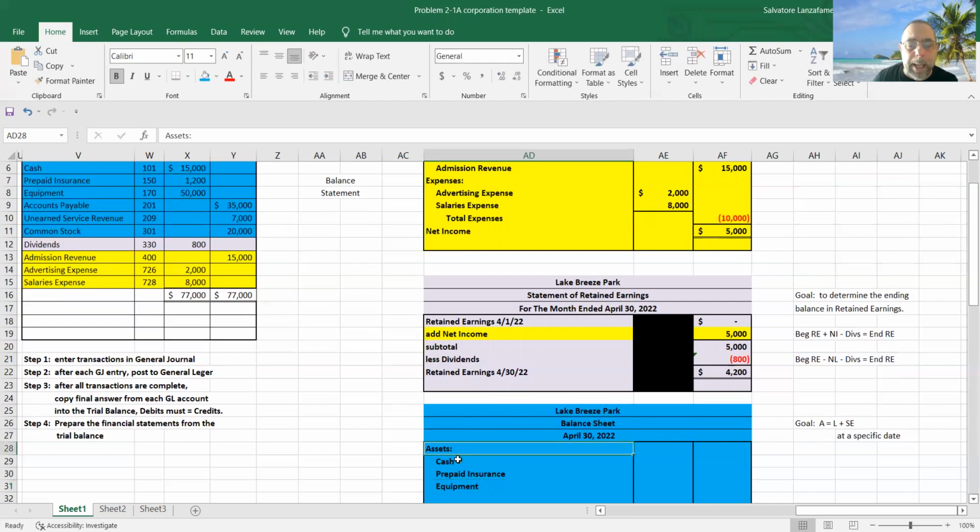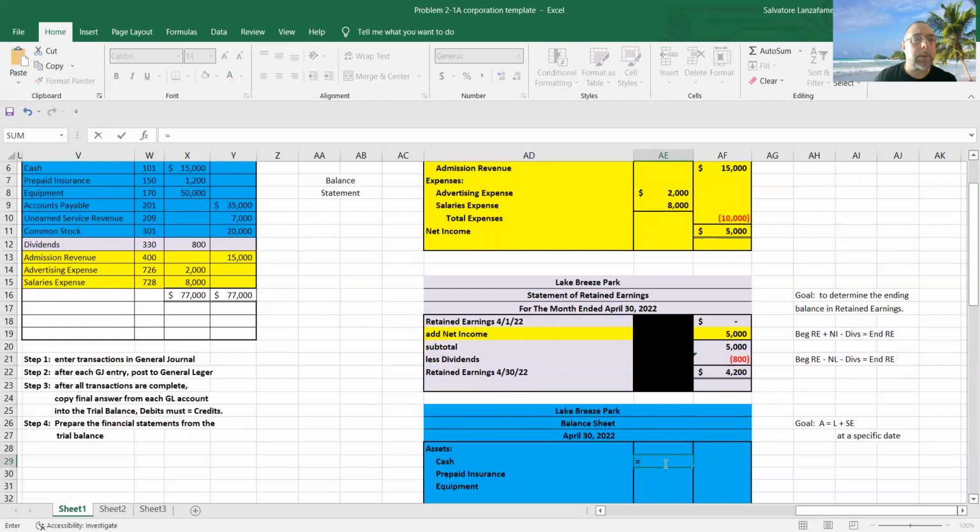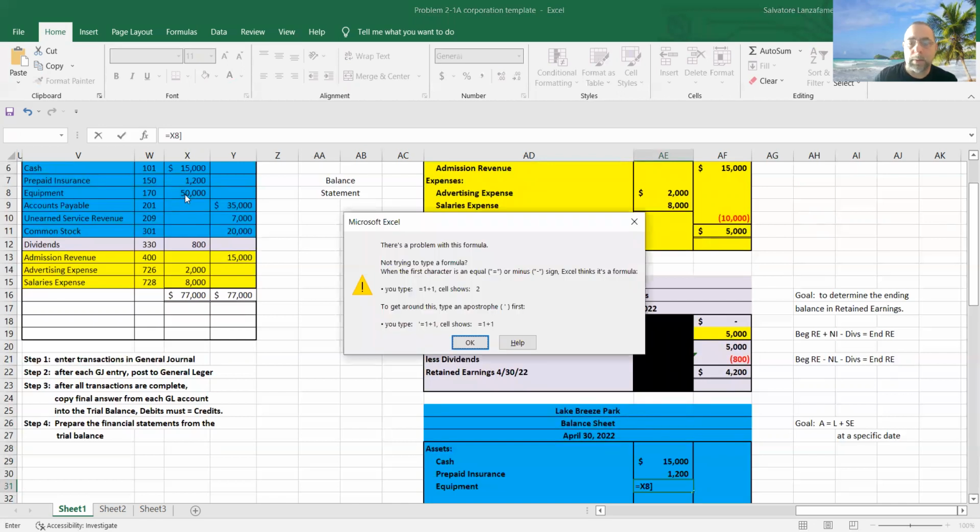When you put a heading followed by a colon symbol, be prepared to indent a list. Because I have 3 items in my list, more than one, I'm going to be using column 1. So cash was $15,000. My prepaid insurance was $1,200, and my equipment was 50 grand.